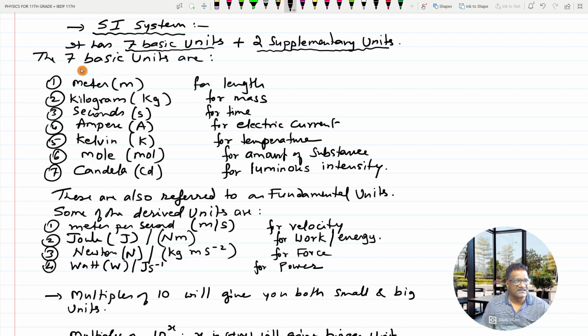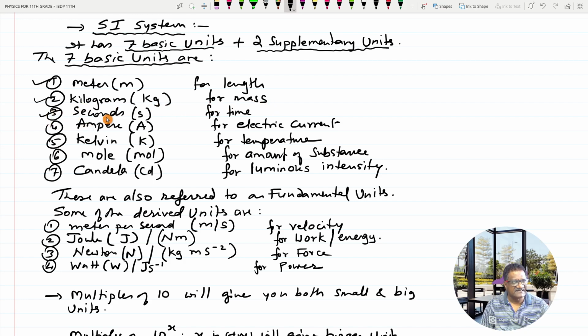Let us talk about the 7 basic units first. What are the 7 basic units? The first one is meter, and its symbol is m, and this is for the physical quantity length. Second one is kilogram, its symbol is kg, and this is the unit for mass.